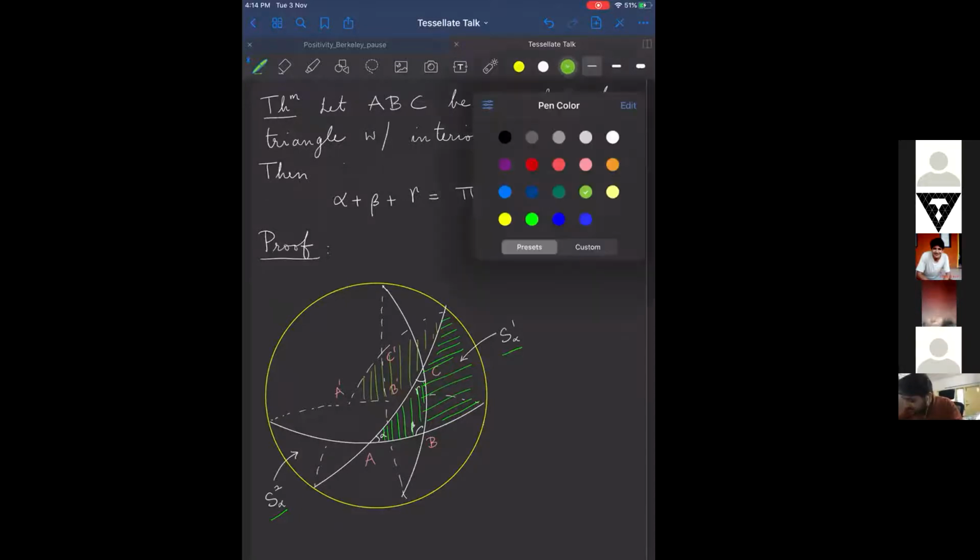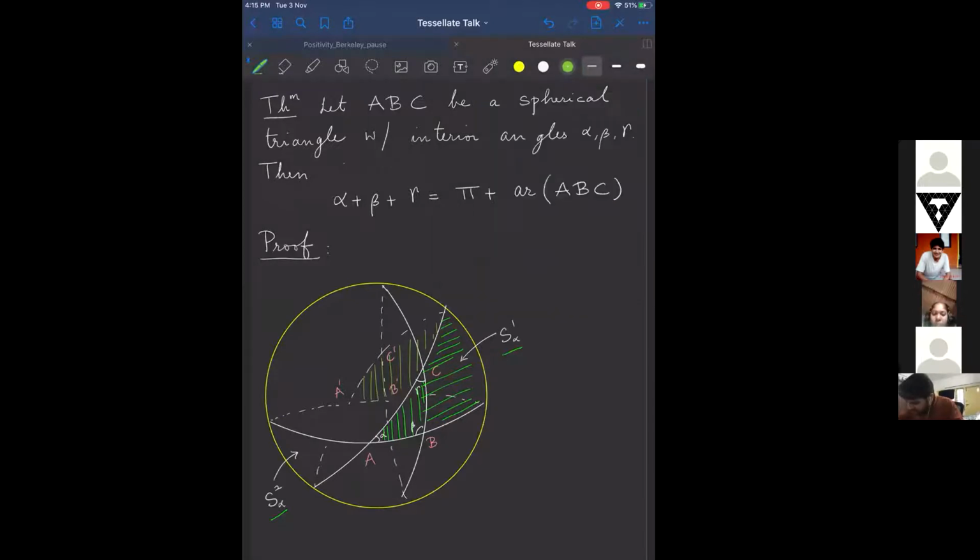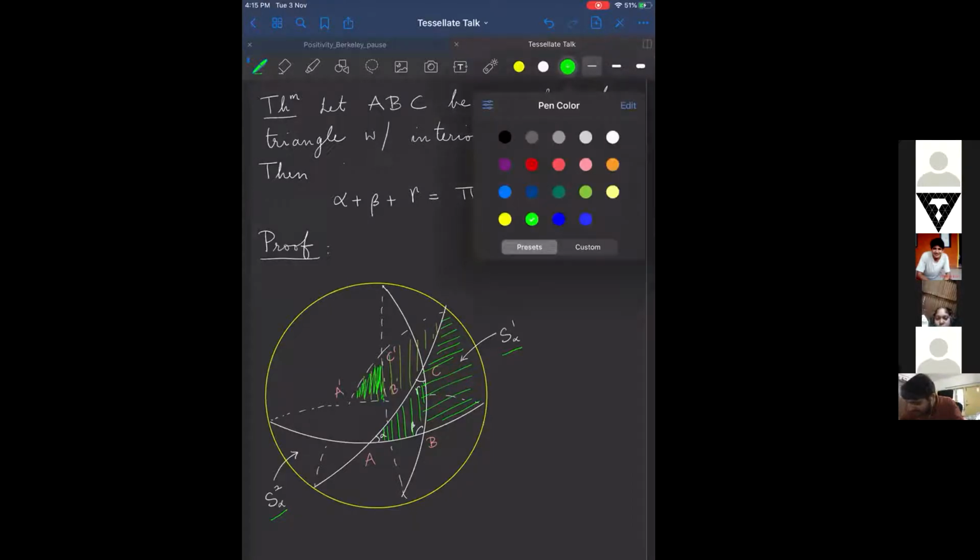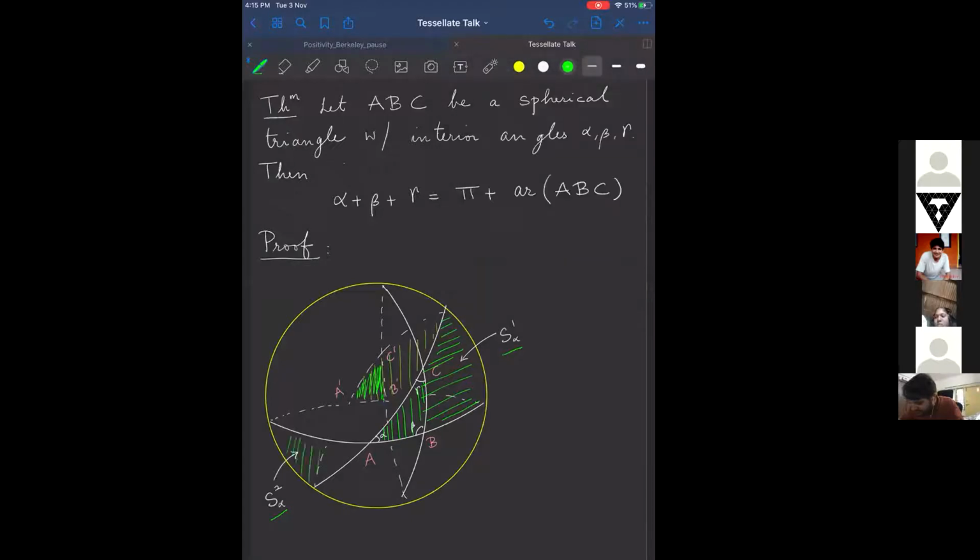I should also mention that whenever you have such a spherical triangle, you can always project it onto something that's diametrically opposite, and you basically end up with another sort of mirror image of this triangle, which I've denoted by A prime, B prime, C prime, right? So now, similar to this region S alpha 1, you also have a region here, which I'll call S alpha 2.